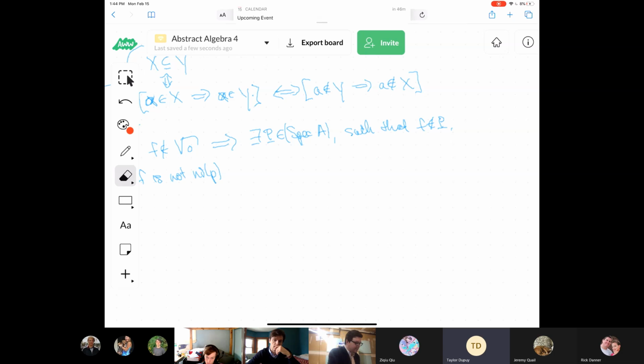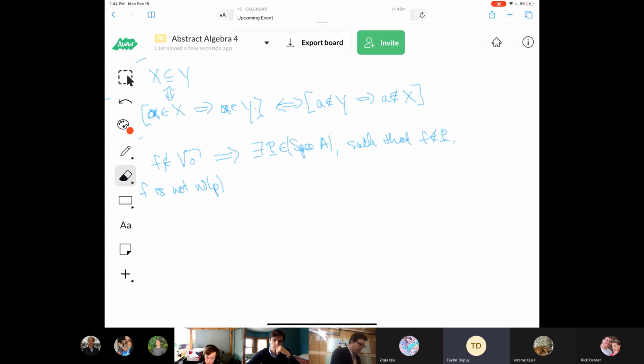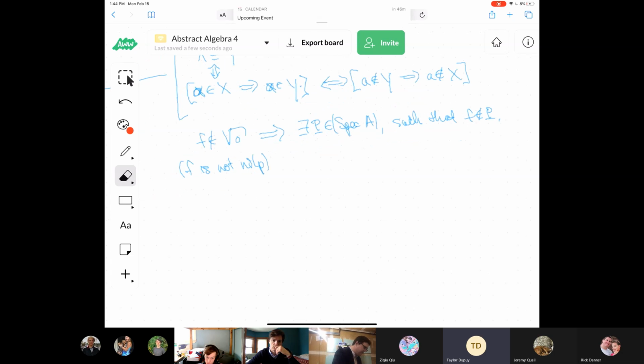So this whole thing is equivalent to: for all P in Spec A, F is an element of P implies F is an element of the radical.